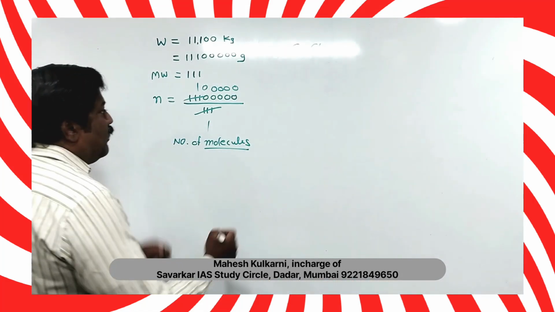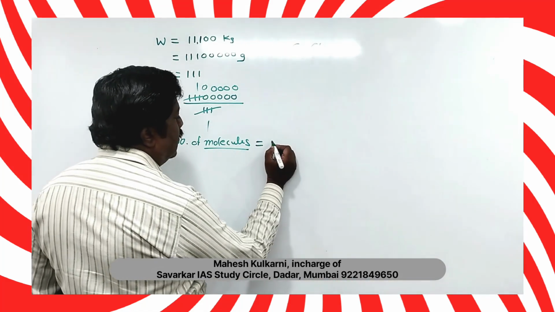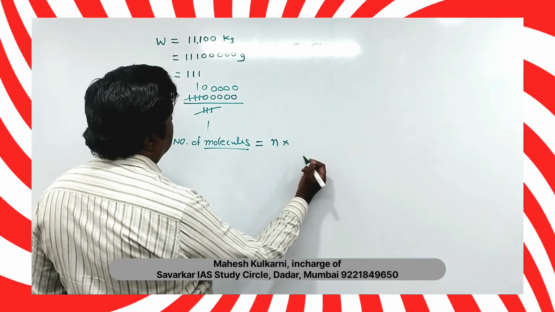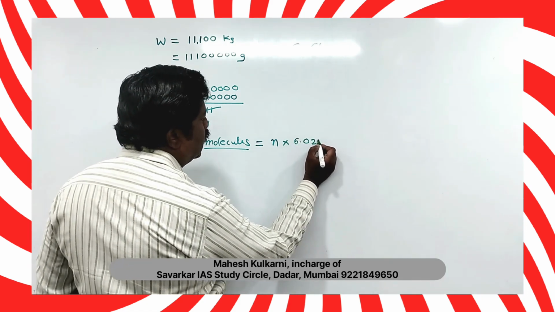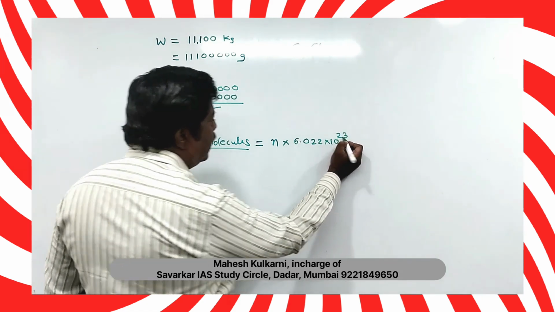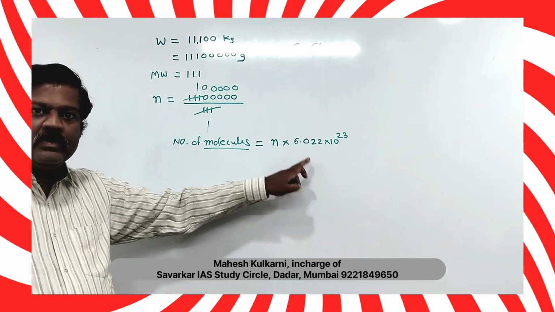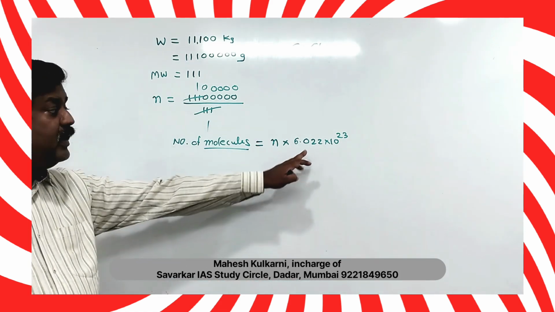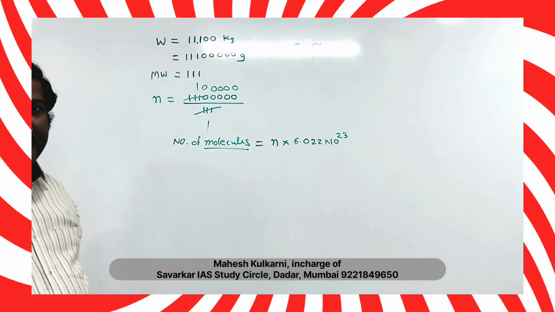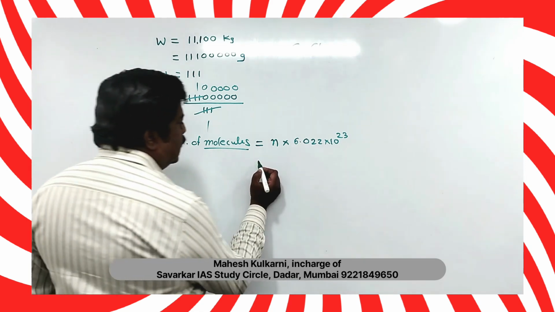So when I consider molecule, it may be atom, it may be molecule. So number of molecules is equal to N into 6.022 into 10 to the power of 23. According to previous sum, we were dividing this by 1. So here also it is implemented. Any figure if you write in this way, then implemented condition is divided by 1.